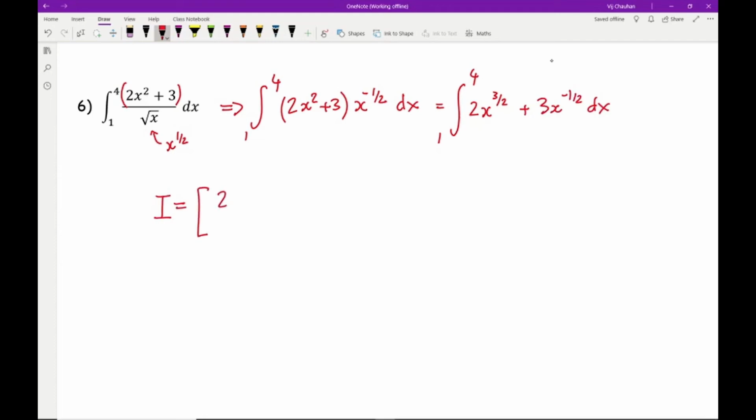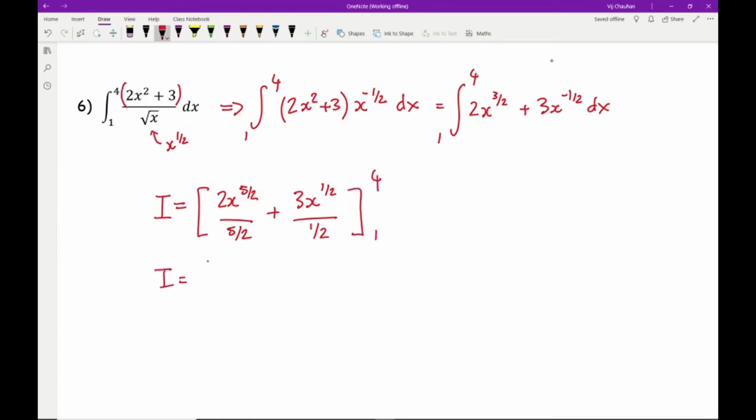So I've got 2x to the 5 over 2 over 5 over 2 plus, and then it's going to be 3x to the half over a half with the limits of 4 and 1.